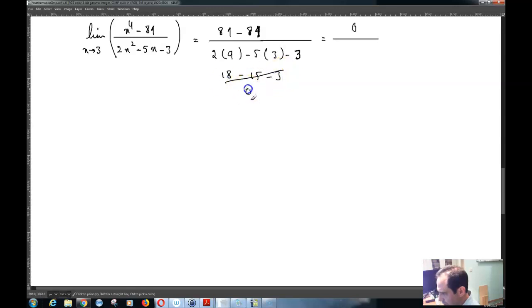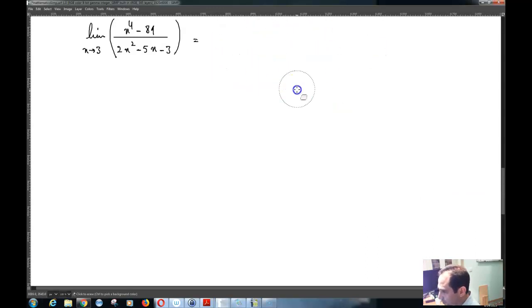This is 0 over 0. We need to find the factor that is making the numerator and denominator 0, cancel them out, and then calculate the limit.